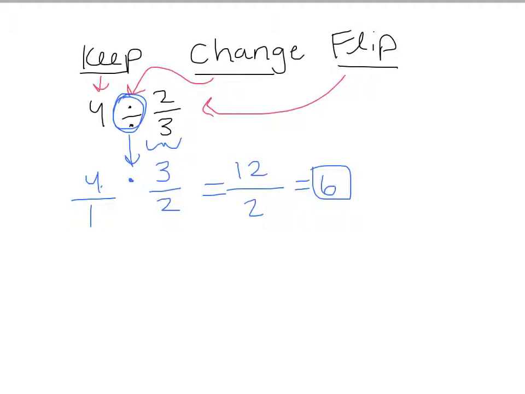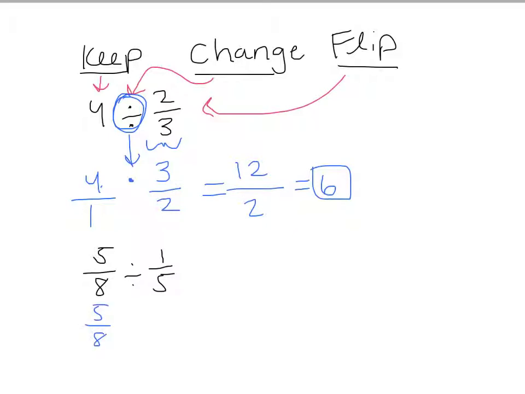Let's try one more example just to make sure we've got it. 5/8 divided by 1/5. Go ahead and pause the video and try using keep, change, flip to solve that yourself. Alright, now let's check your answer. 5/8.